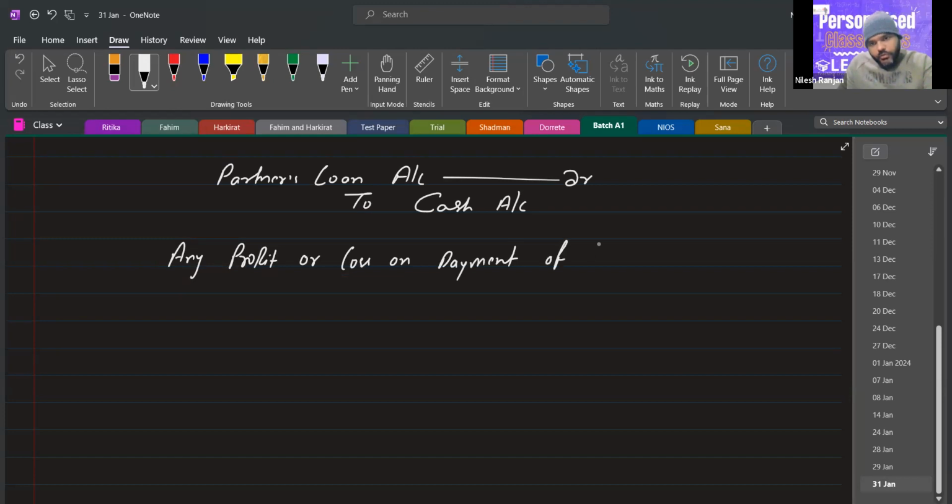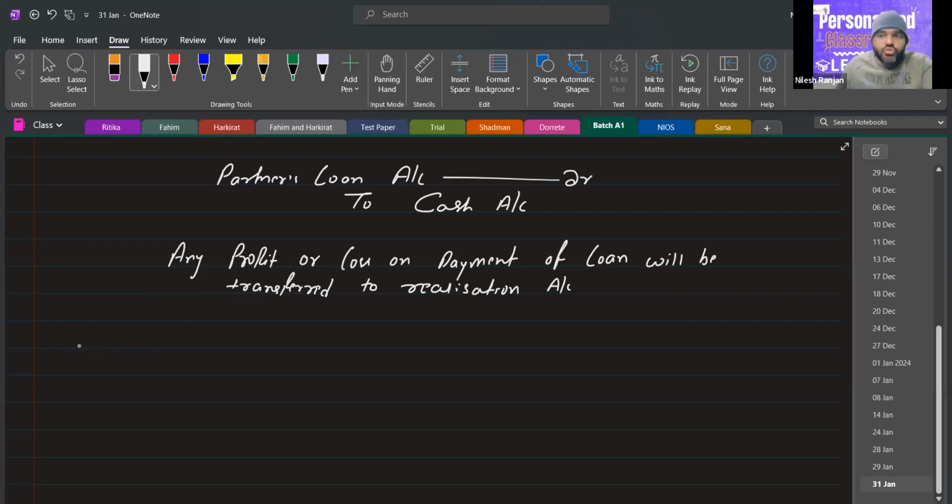Payment of loan will be transferred to realization. Okay. Now, we have completed the loan part also.